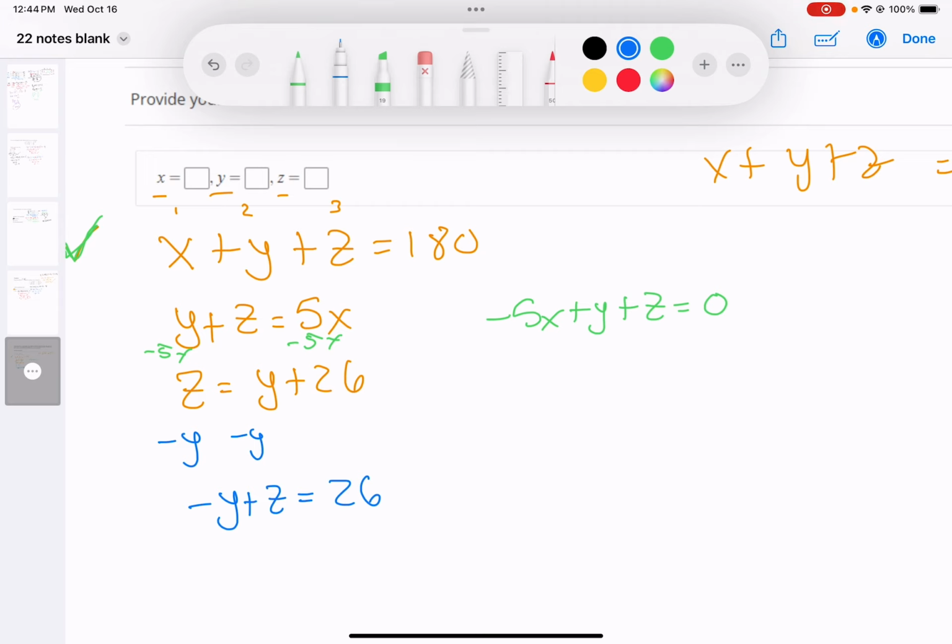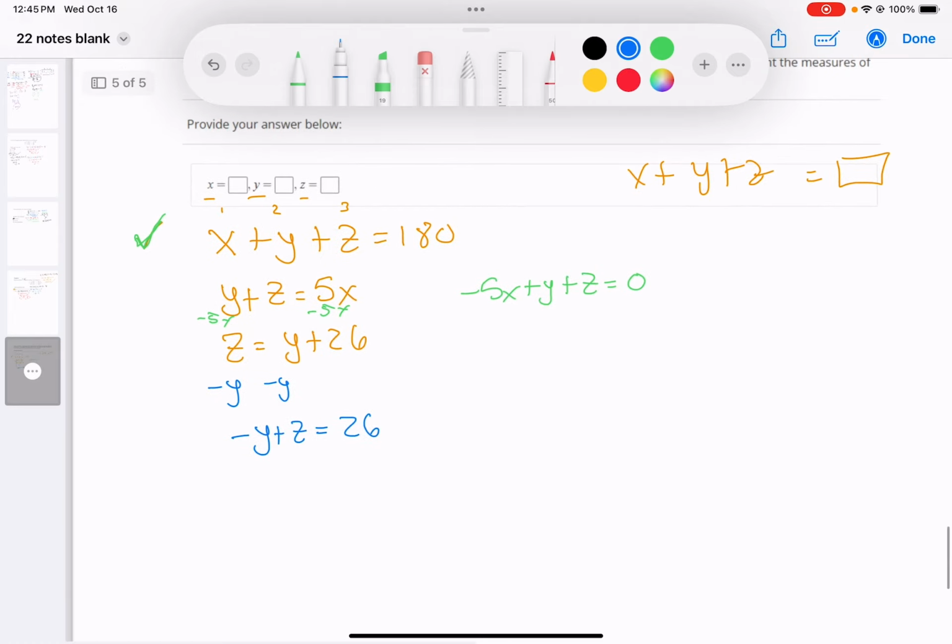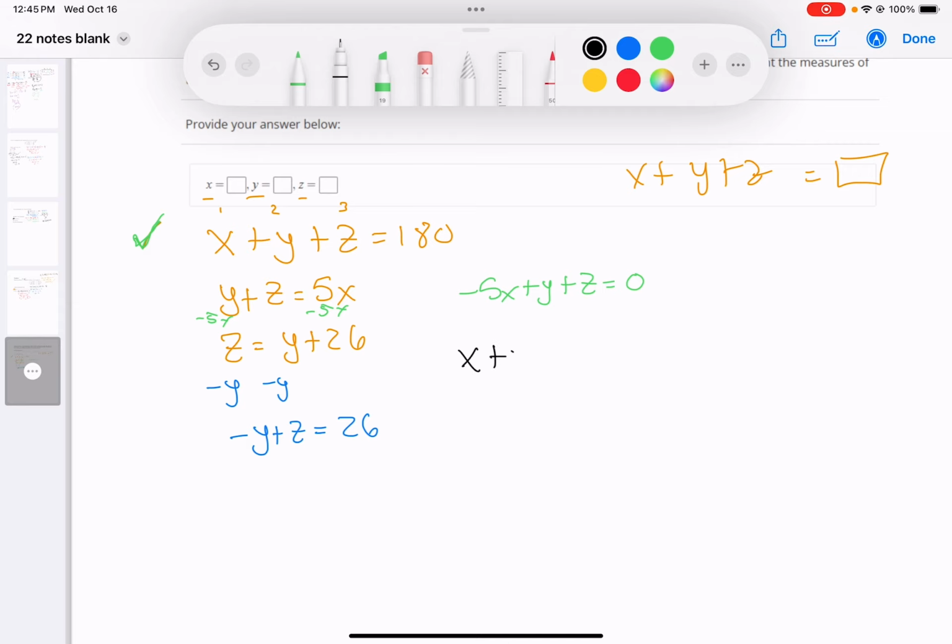Now what I'm going to do is line these up and work with them in order to get rid of one of the variables. So I'm going to rewrite these. I've got x plus y plus z equals 180. The second equation is negative 5x plus y plus z equals 0.